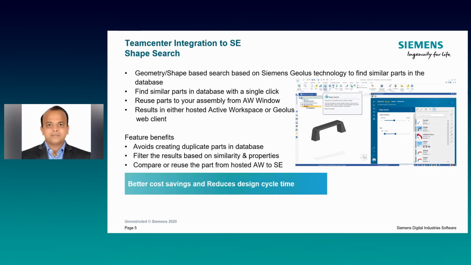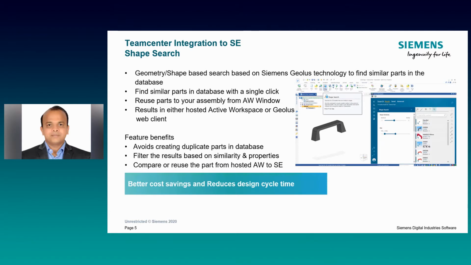But now, in addition, you can do shape-based search within Solid Edge. This shape search is based on the Siemens GLS search engine. The matching documents will be shown, which again can be filtered based on properties, size, and similarities. Again, you have the option to compare the documents in the Active Workspace window.